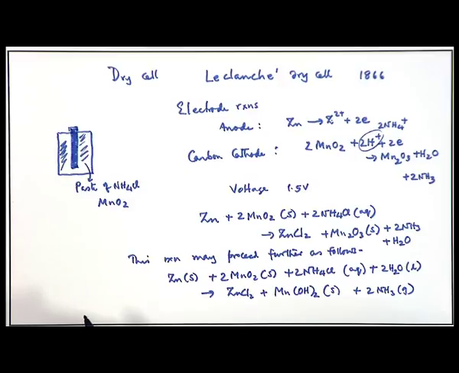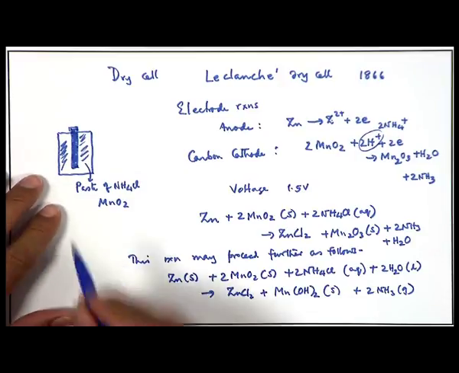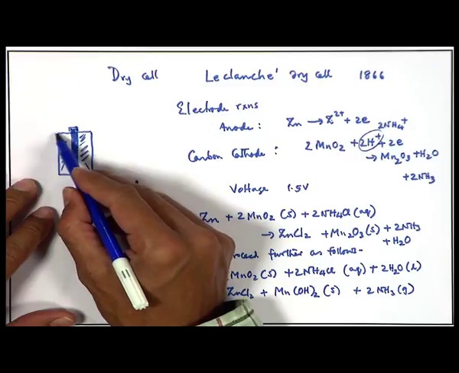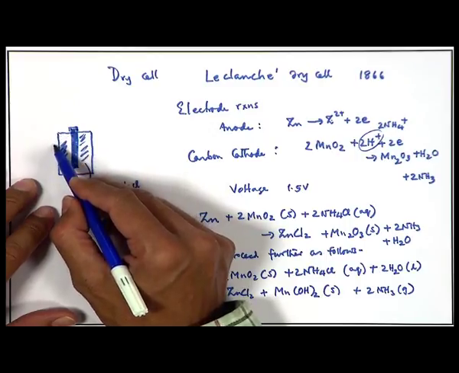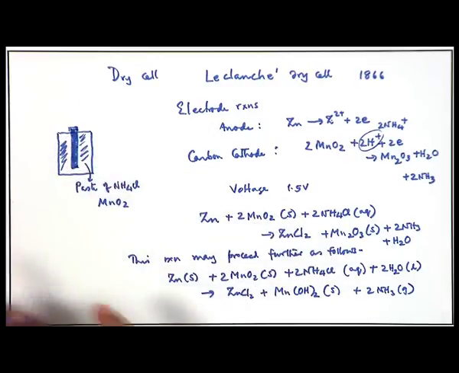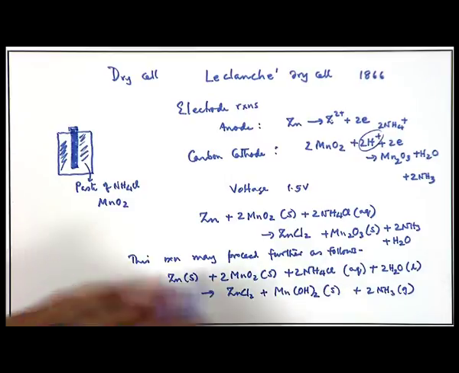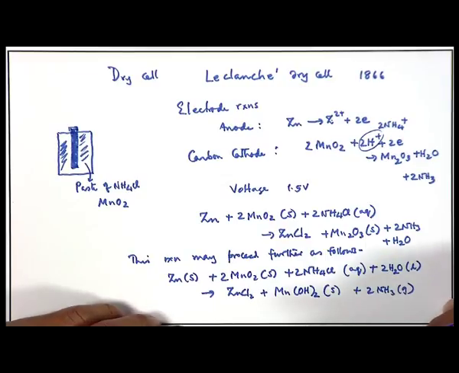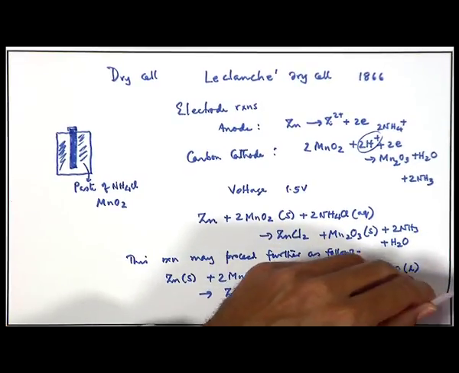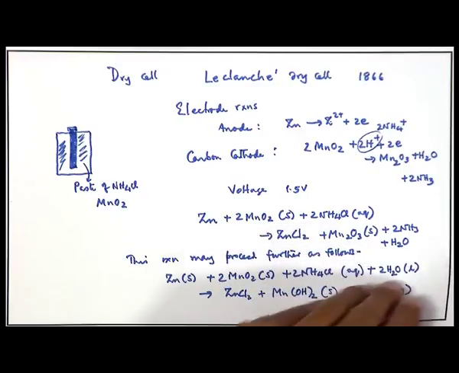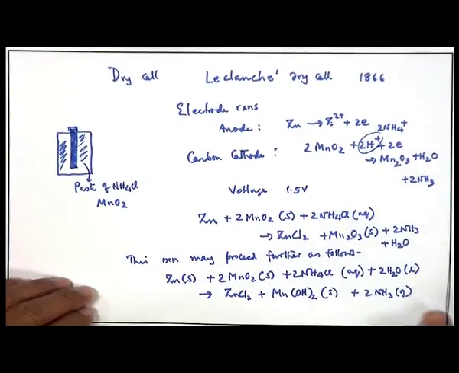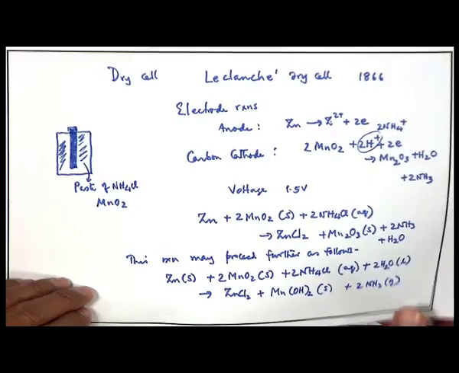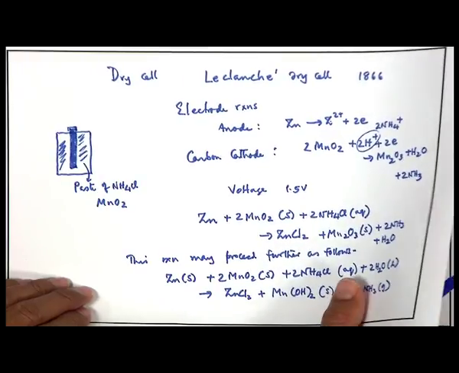So, this is the typical reaction, and it is marketed giving an outside jacket with some material, maybe some plastic or paper packaging. This is the oldest version of this dry cell, known as Leclanche's cell.